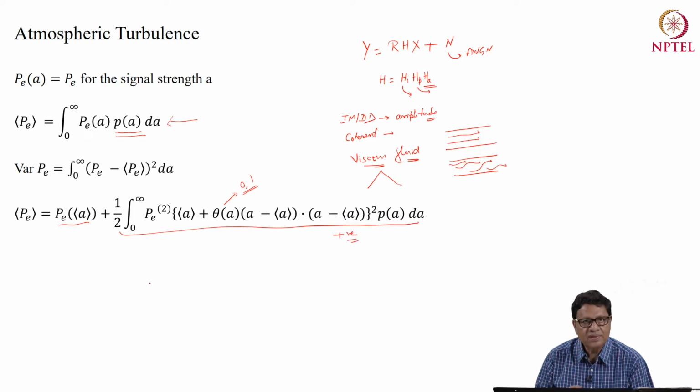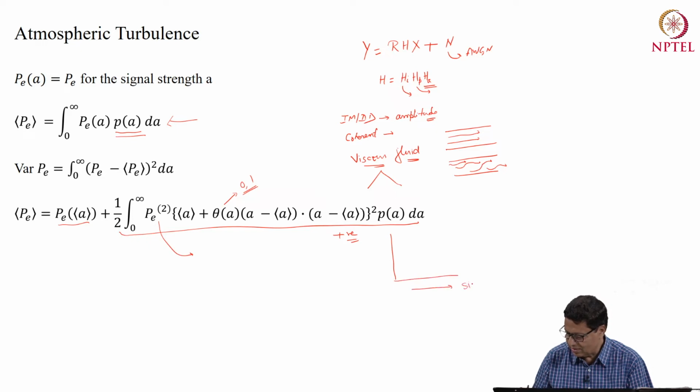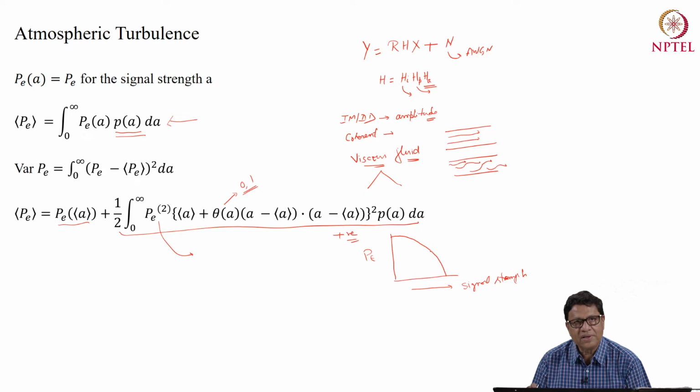Why is this positive? Because you have the second derivative of probability of error with respect to signal strength. If you plot a typical curve, with signal strength or signal to noise ratio on one axis and the probability of error on the other, it is a nonlinear curve with a positive second order differential.